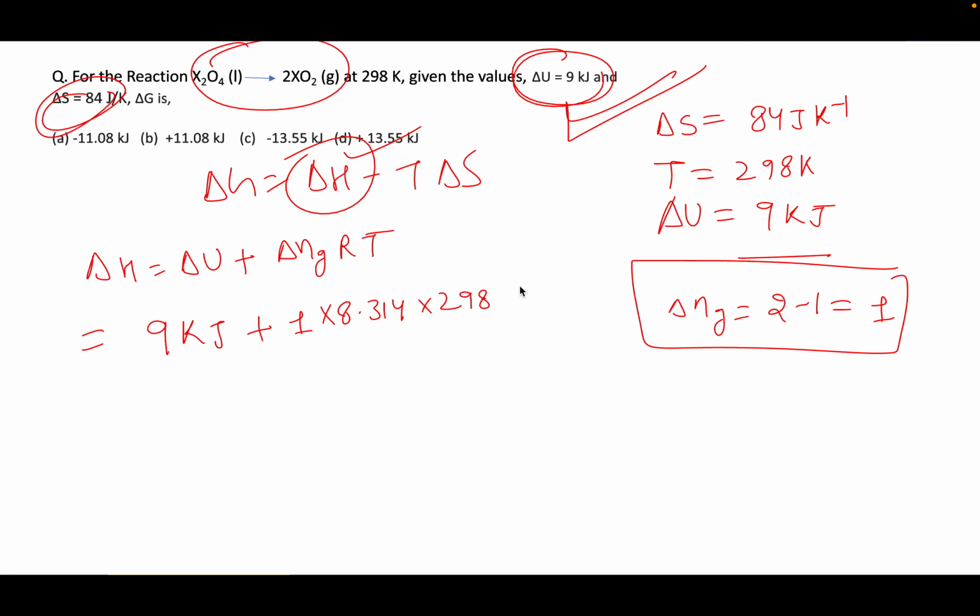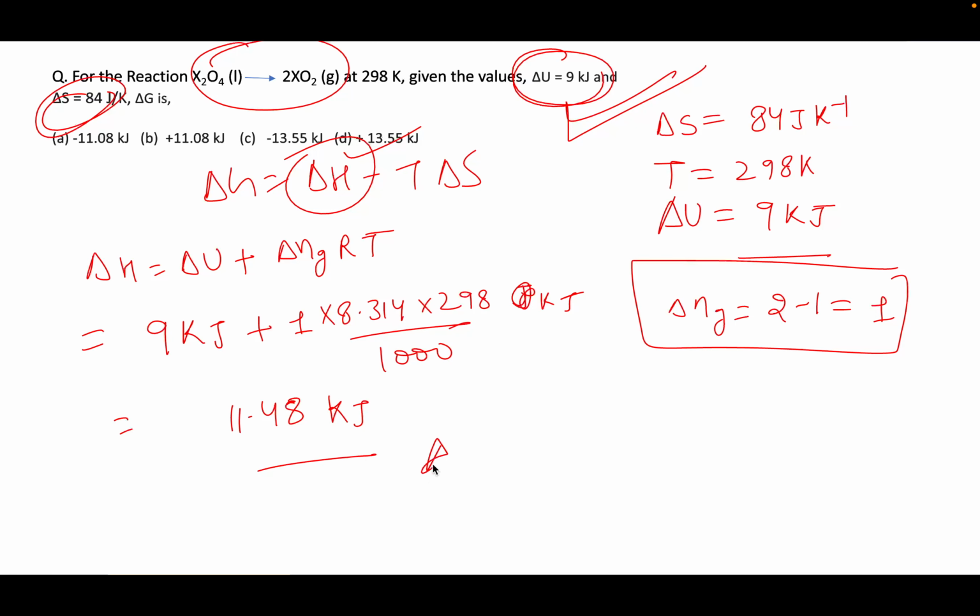This is in joule, so if we divide it by 1000, it will become kilojoule. So now the units are balanced. Now if we solve this, 8.314 into 298 divided by 1000 is 2.4775, and plus 9, so this is 11.448 kilojoule.